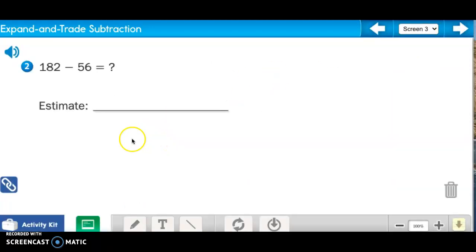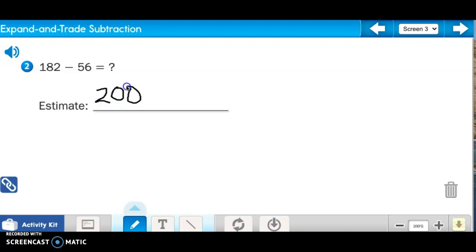Okay, here we come. Let's estimate. 182. Is 182 closer to 100 or 200? I hope you said 200 because it is closer to 200. And then minus 56.